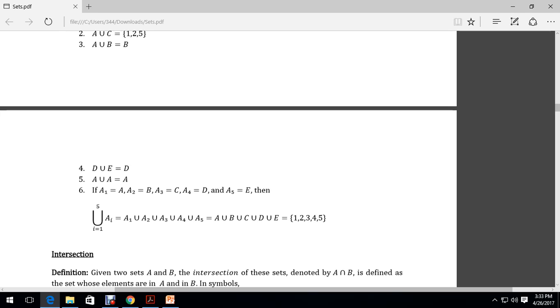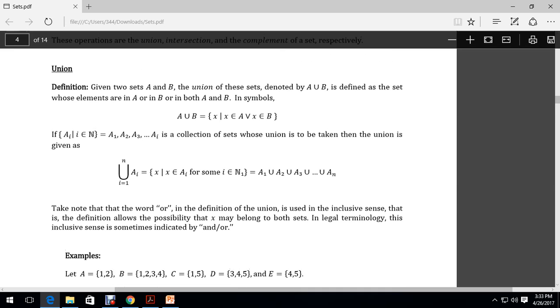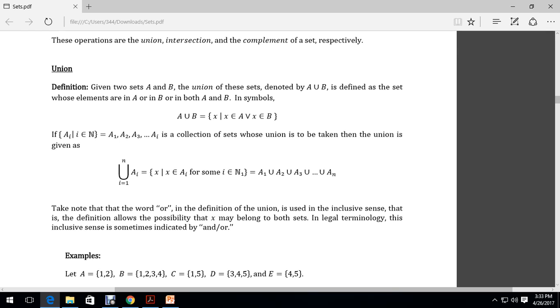Okay, so lastly we have example number 6, but before we proceed with that example, let's try to consider the rest of the definition for the union. Now, for example, if we define A sub I, wherein I is what we call the index, which are simply the numbers 1, 2, 3, and so on, the members of the natural counting numbers, then the members of A sub I are A sub 1, A sub 2, A sub 3, and so on.